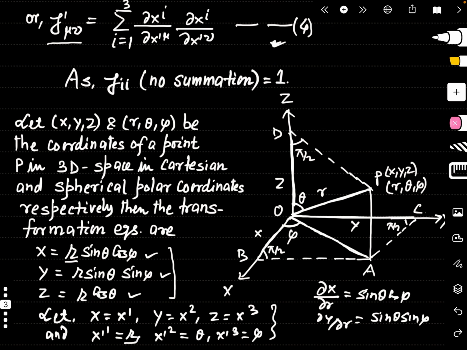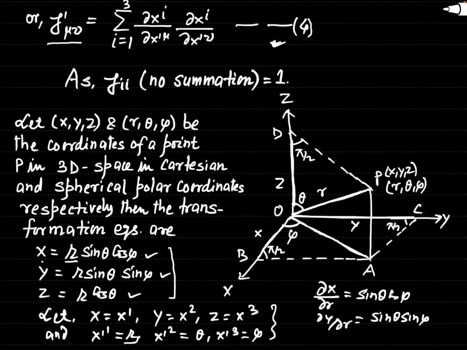See here, this is your transformation equation, x equal to r sin theta cos phi. Now you have to find del x by del theta. Since differentiation is partial, only sin theta will be differentiated and r cos phi will be taken as a constant factor, and the derivative of sin theta will be cos theta. So del x by del theta is simply r cos theta cos phi.